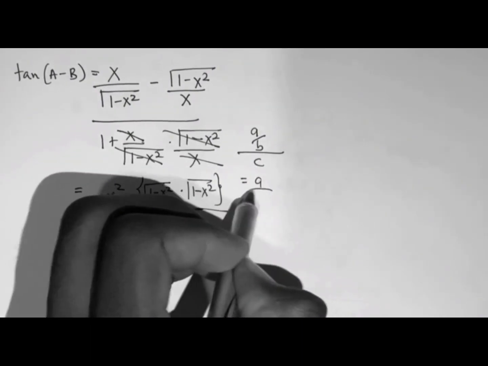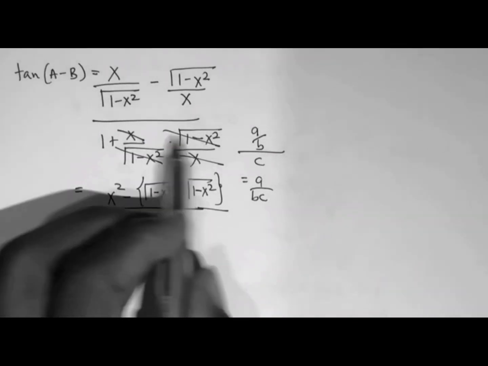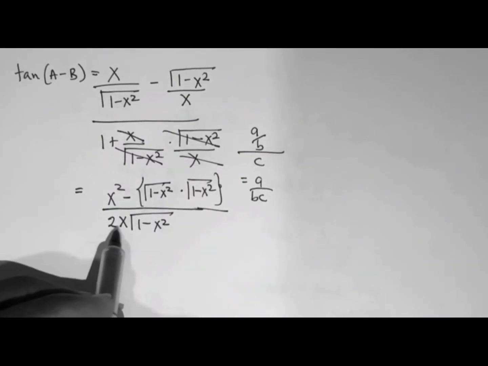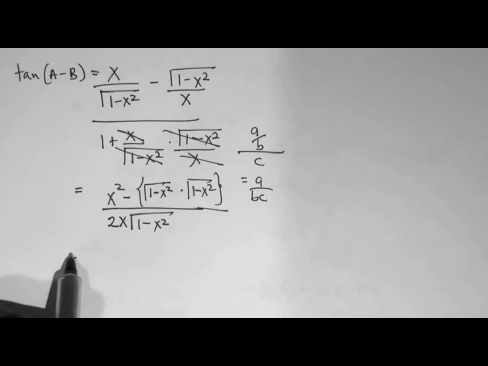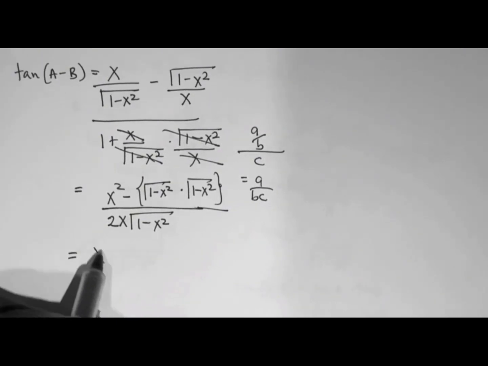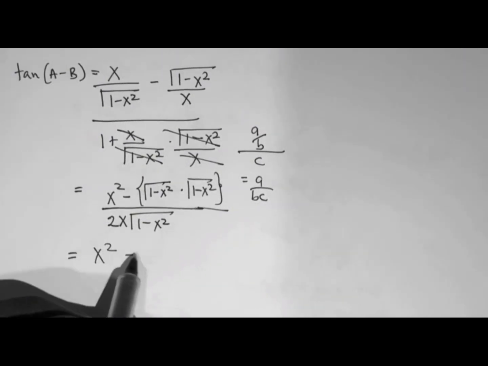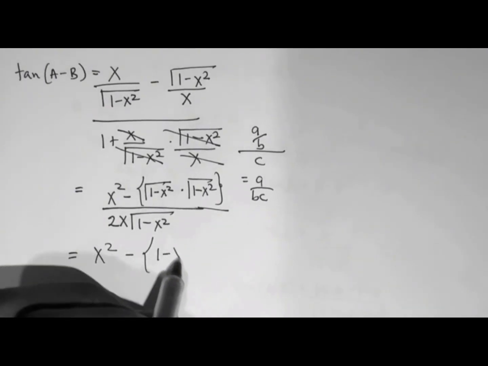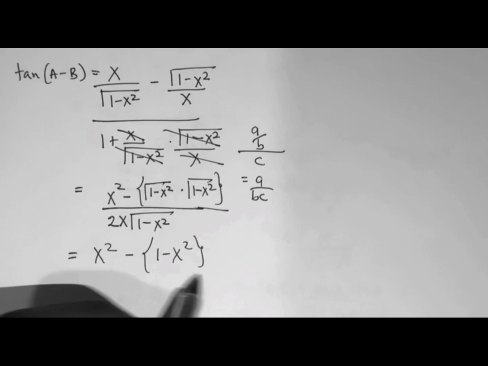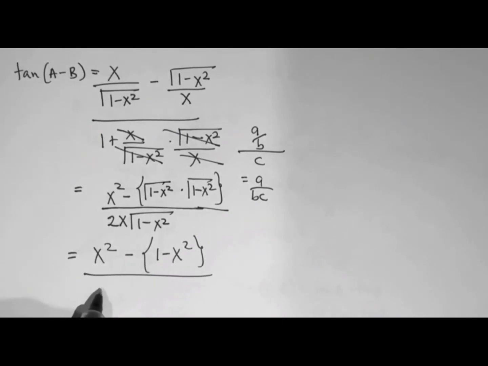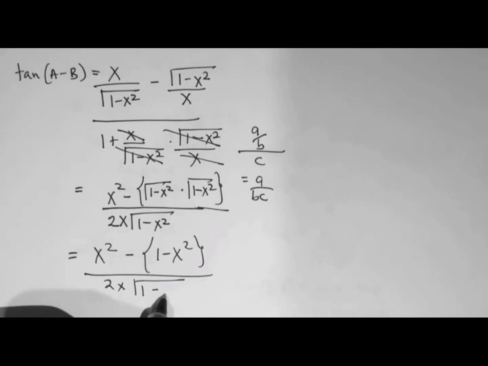Remember that a over b all over c is a over bc. So that will be times 2 at the denominator. So this will give us x squared minus, now square root times square root will go away, so it becomes 1 minus x squared, divided by 2x times square root of 1 minus x squared.